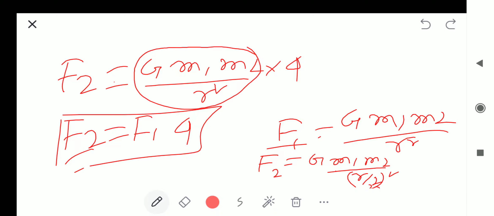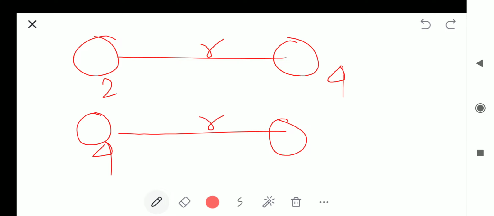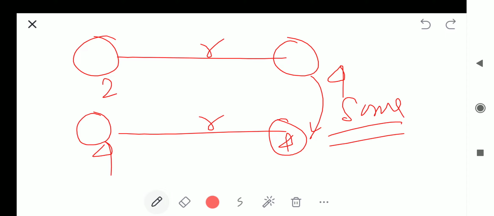Another example: how does the force depend on the mass? If you take numerical values, it will be easy to understand. The masses are 2 and 4, at distance r. In the second case the mass becomes 4, the distance is the same and the other mass is the same.